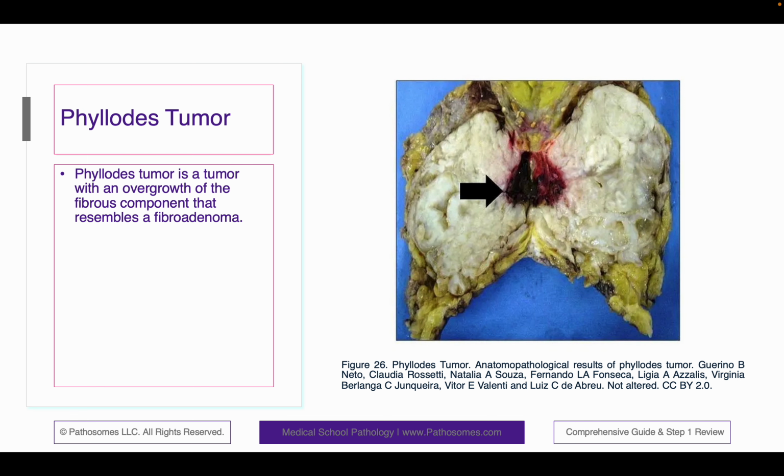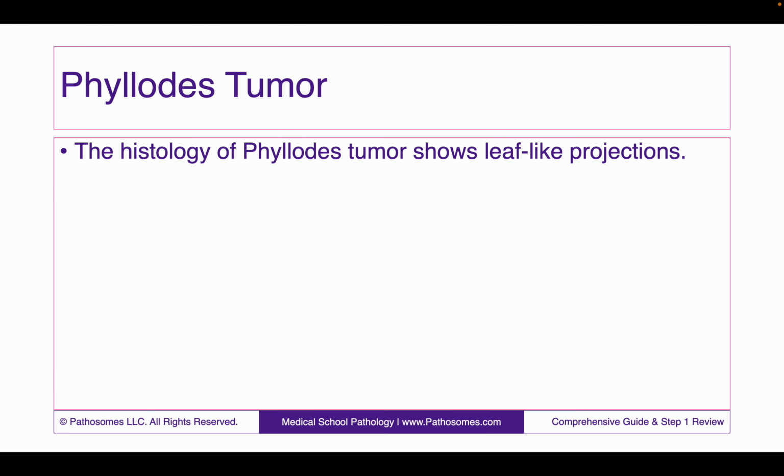Now, a phylloides tumor is a tumor with an overgrowth of the fibrous component that resembles a fibroadenoma. The histology of phylloides tumor shows buzzword leaf-like projections.